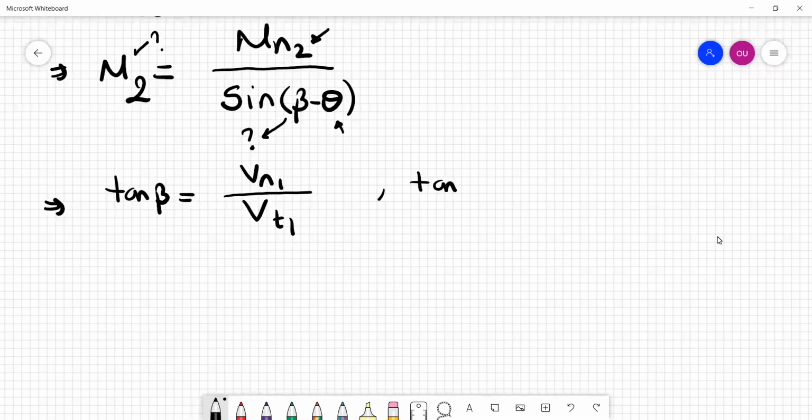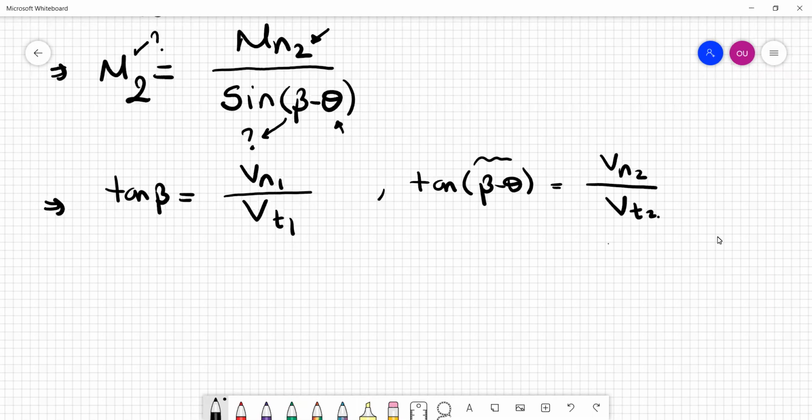I know tangent(beta minus theta), which we defined this angle a minute ago. So this is actually equal to Vn2 divided by Vt2, okay?